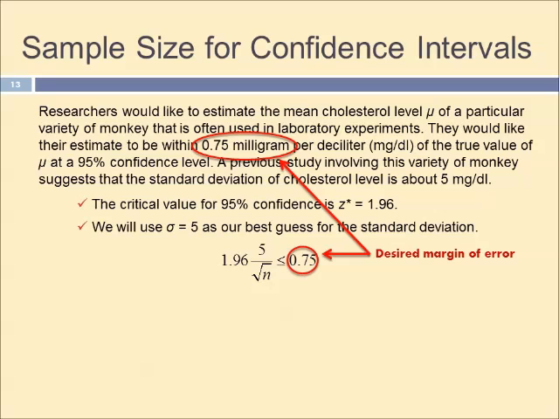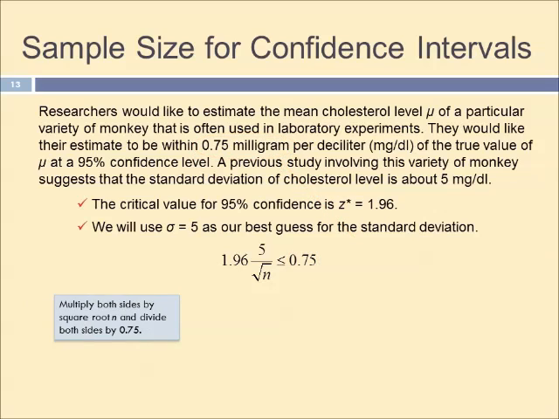So we fill in the numbers on the left and solve for n. First, we'll use a little algebra. So first we multiply both sides by the square root of n and divide both sides by 0.75. So we're looking to isolate n. Then square both sides to get rid of the square root sign.